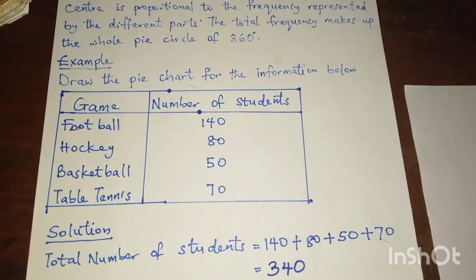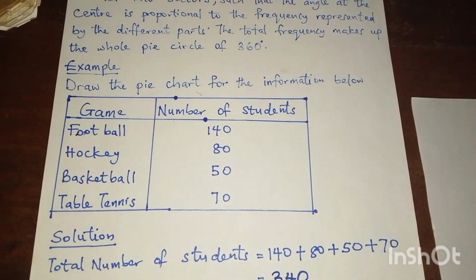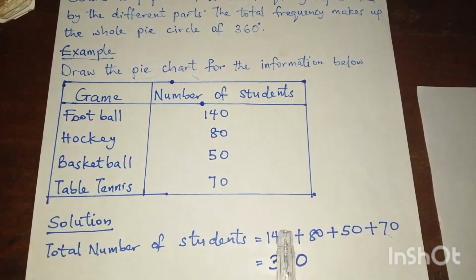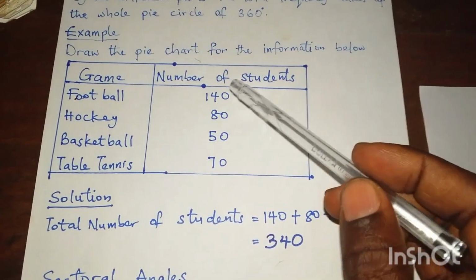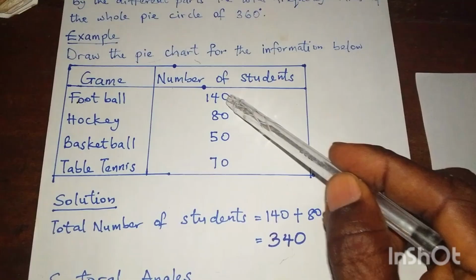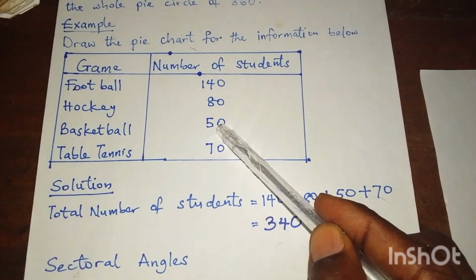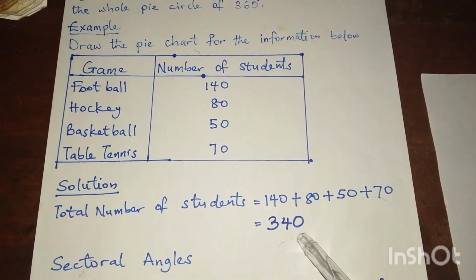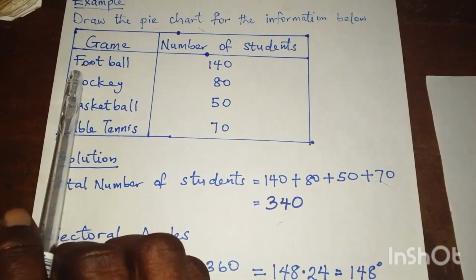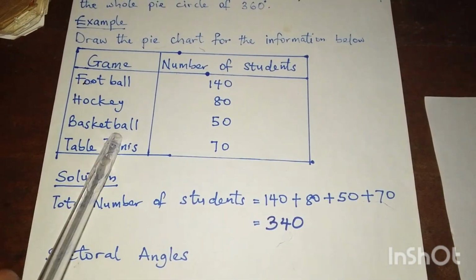First of all, we need to know the sectorial angles of each of these. So for us to know it, first of all, we are going to add all the students together. So that means 140 plus 80 plus 50 plus 70 will give us 340. Now, we need to know the sectorial angle for each of these games.